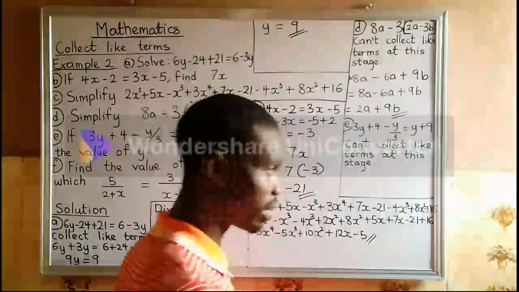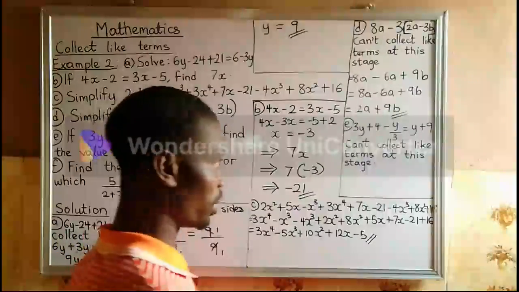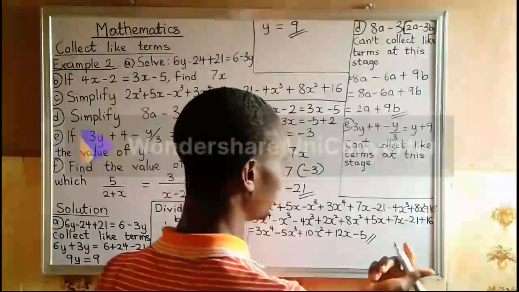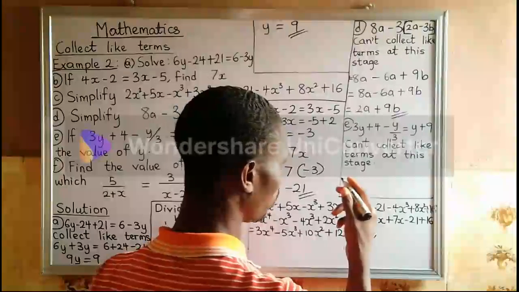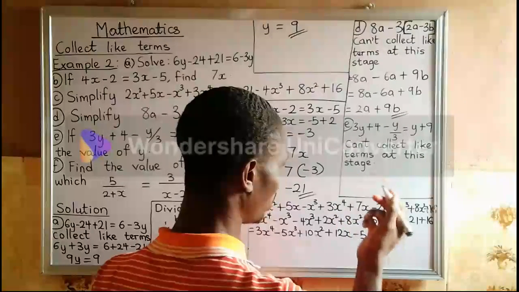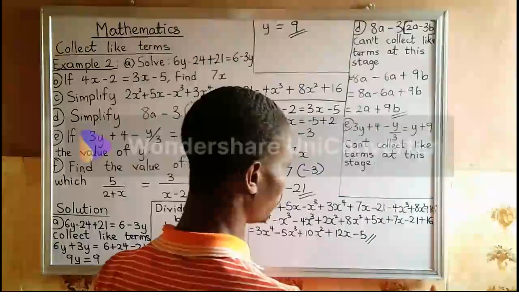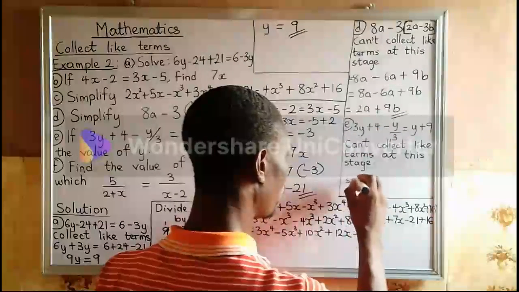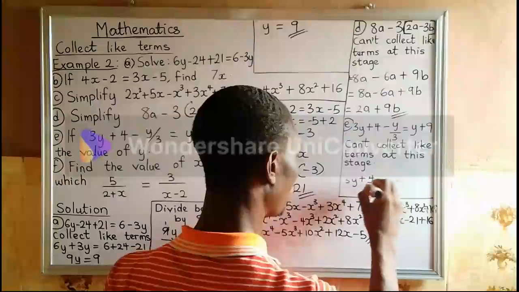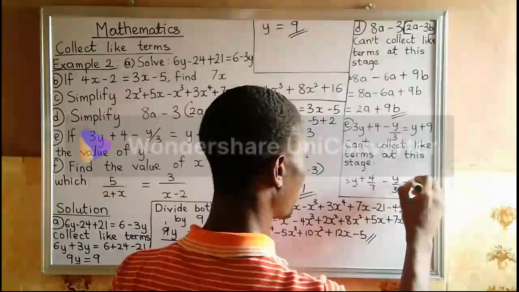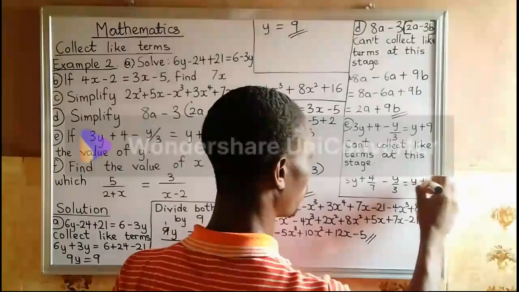But in case there is more than one denominator, let's say it is 4 over 7. So we have 3y plus 4 over 7 minus y all over 3 equals y plus 9.